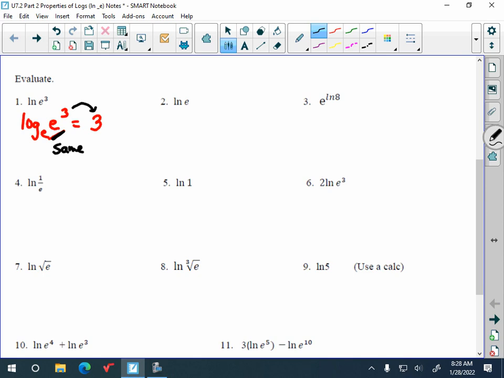All right, number 2, ln e. So what would ln e simplify to? Yeah, perfect. Because ln, again, is log base e, and then we put the e next to it, and then e is the same, so we take the exponent, which is 1.